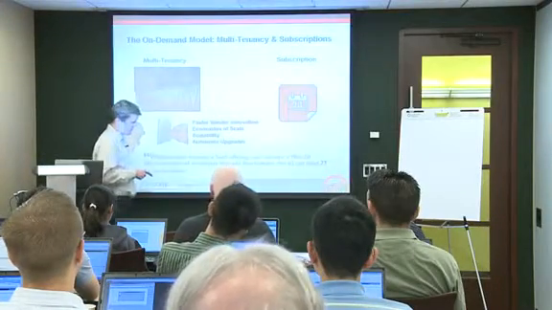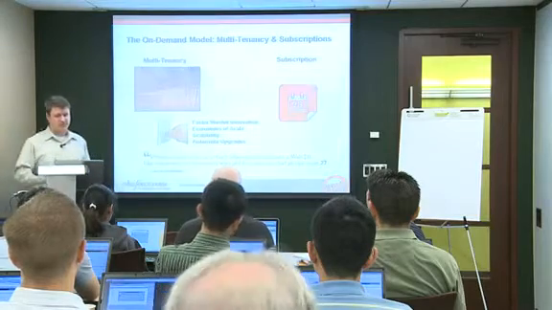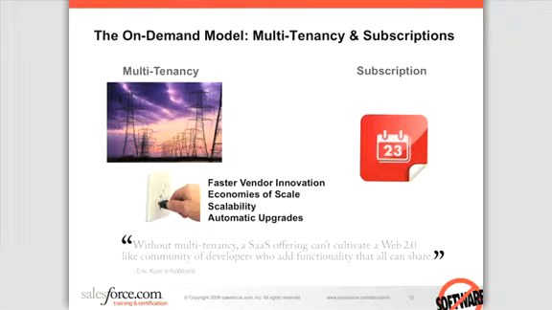Before I continue, I just want to point out there's a lot of benefits to a multi-tenant environment. Because Salesforce is really working on a single version of an app at any given time, it allows us to innovate faster. It gives us economies of scale because we are not supporting multiple single-tenant environments. Scalability is much improved because we have over 1 million end users using it, over 50,000 customers.